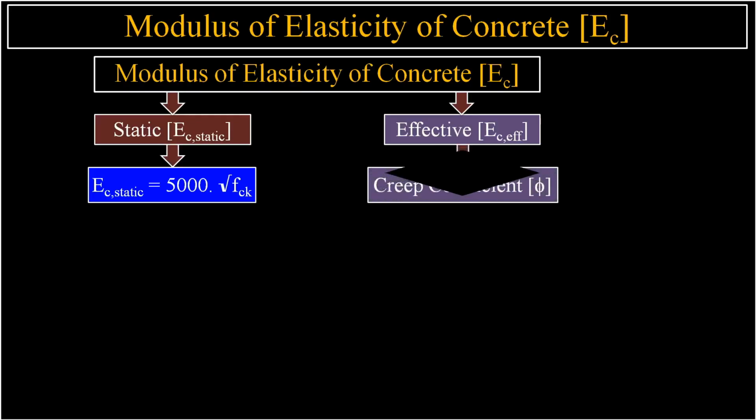Now we move to the effective modulus, ECEFF. This value is used for long-term analysis, as it accounts for the time-dependent deformation of concrete known as creep. The key to calculating the effective modulus is the creep coefficient, phi. This coefficient represents the ratio of the creep strain to the initial elastic strain.